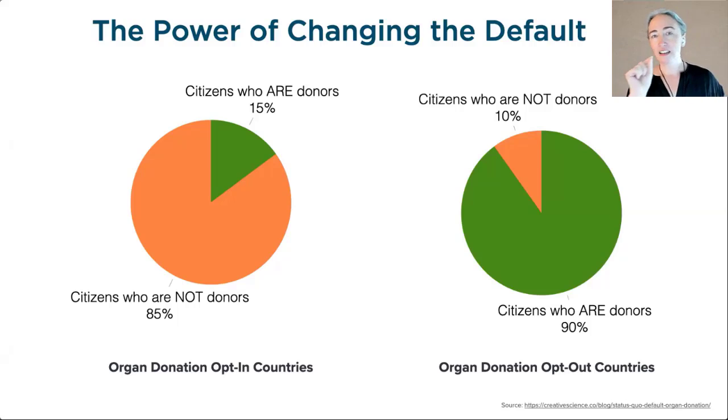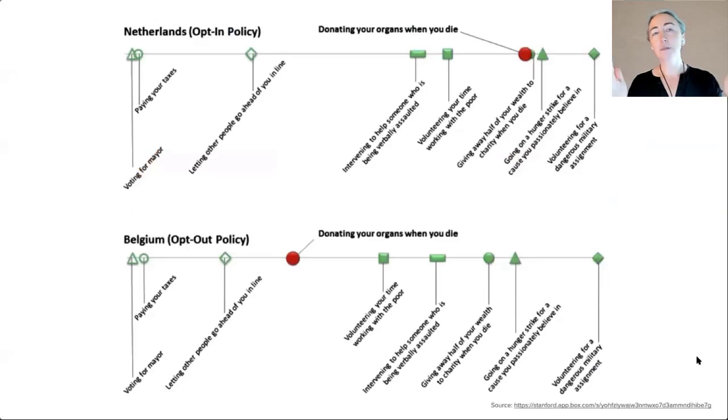And beyond this shifting of the default making a big difference in the result, it also makes a huge difference in how people feel about that result. So when they asked people ethically, what does it mean to be an organ donor?